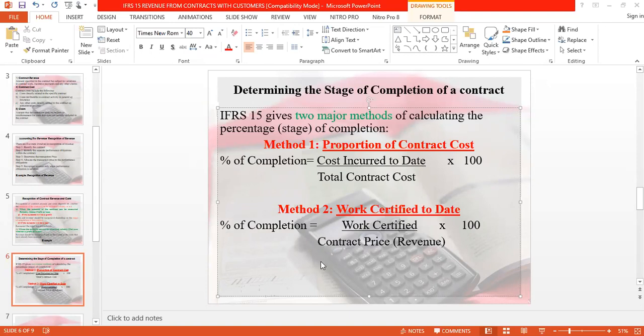So let's go to an example. With this example, I assure you once we've completed it, you can answer any past paper question on this. The example is also in your notes.